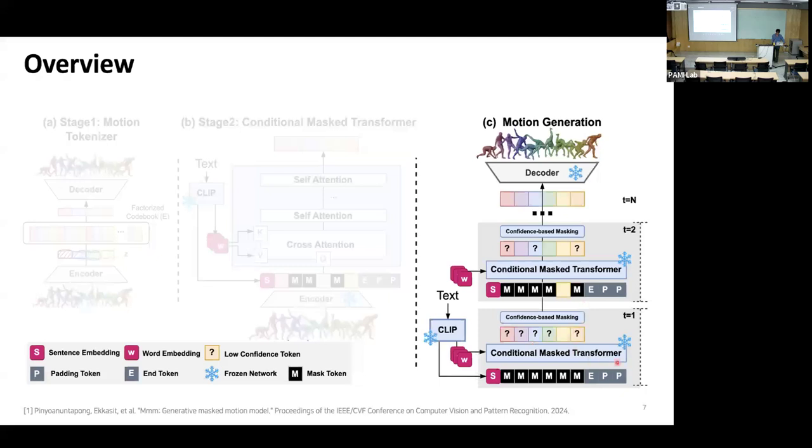So they generate the motion tokens from the mask tokens, and then again mask out some motion tokens and generate the motion tokens from the mask tokens. And they decay the masking ratio given the iteration time.